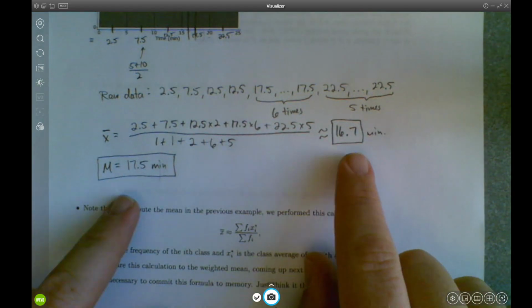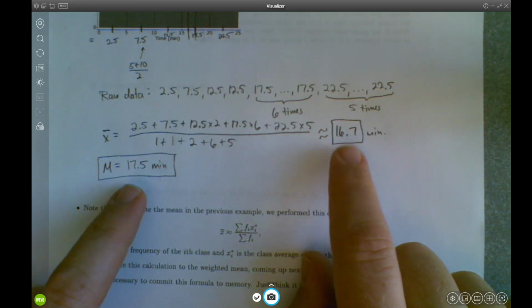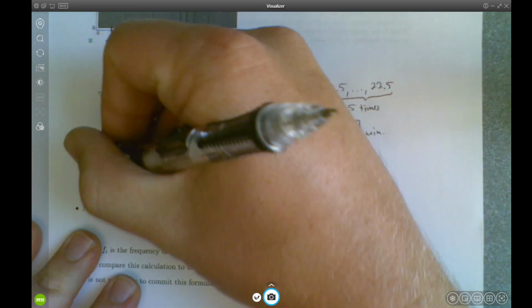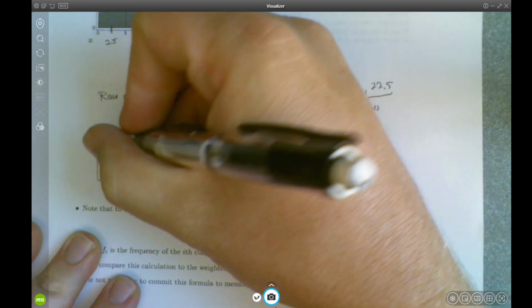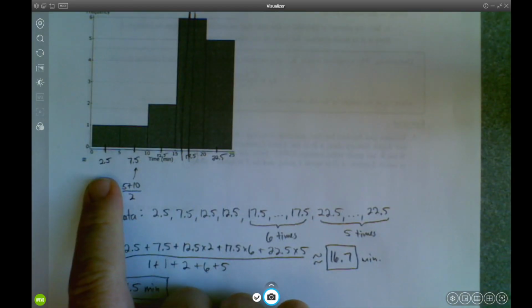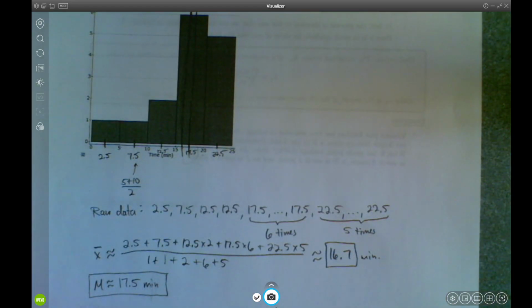And I should maybe clarify, in case it wasn't clear before, that these are only approximations. So maybe I should be using little approximation signs. Because again, I don't know what the actual data were. I'm just using the class average for each class to estimate what these values would be.